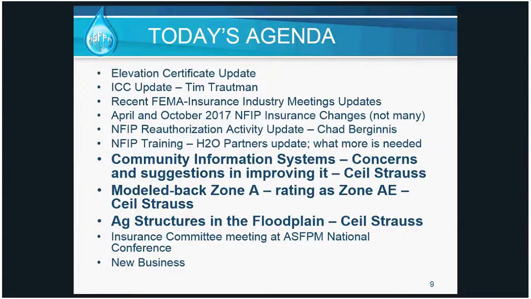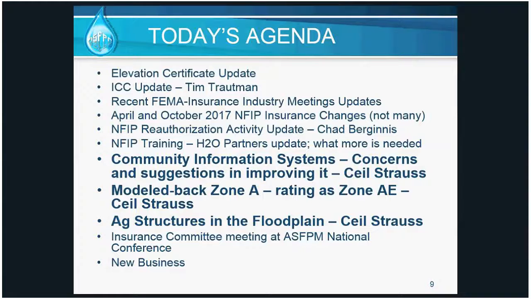The model-backed A zone, and the background for this is that in the current ratings you've got very different rates, especially for the A zones versus the detailed study, the zone AEs.